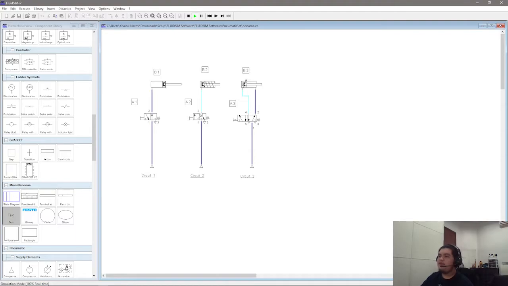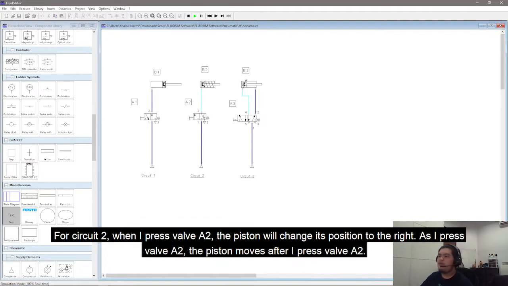Okay, for circuit 2, when I press valve A2, the piston will change its position to the right.